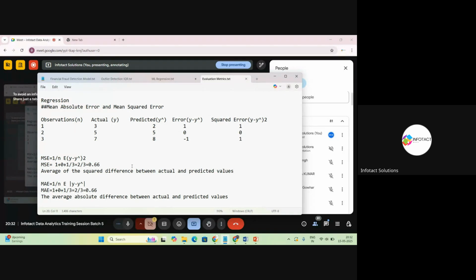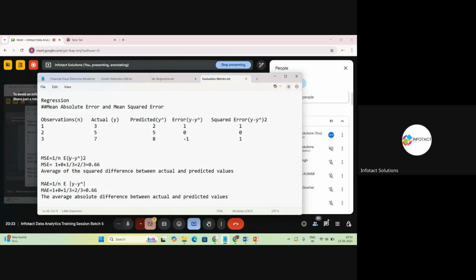Y is the actual value, y dash is the predicted value, and n is the number of objects. What are the characteristics of mean absolute error? It is easy to understand. It treats all errors equally, meaning no square terms, and it is sensitive to outliers but not as much as mean square error.